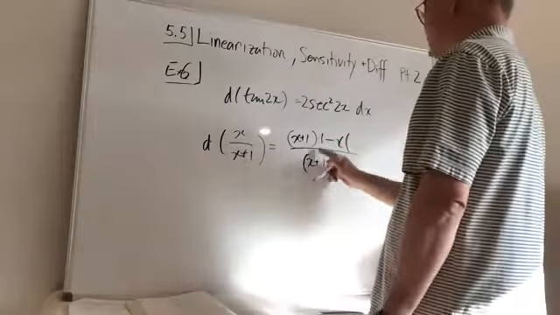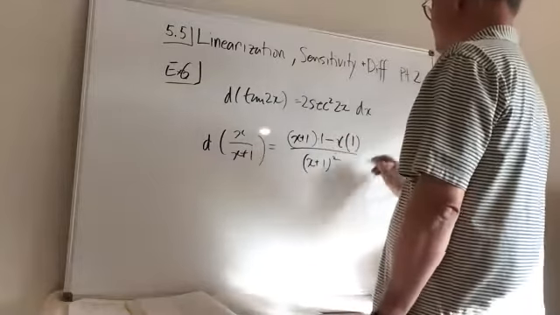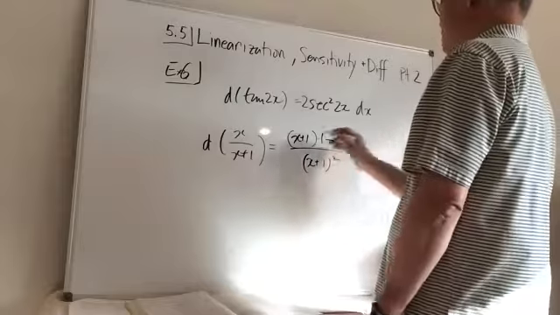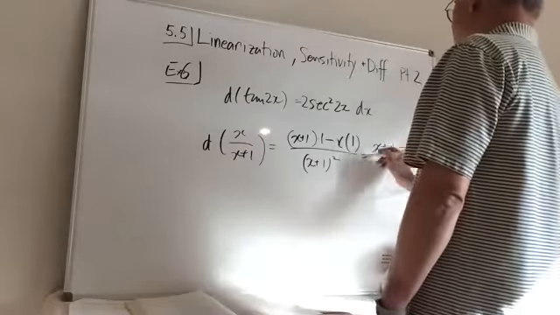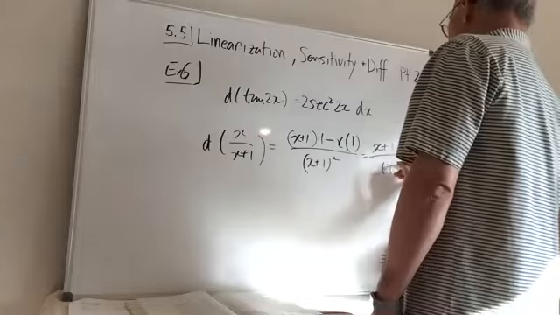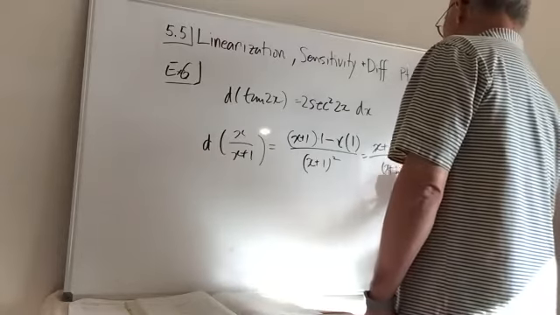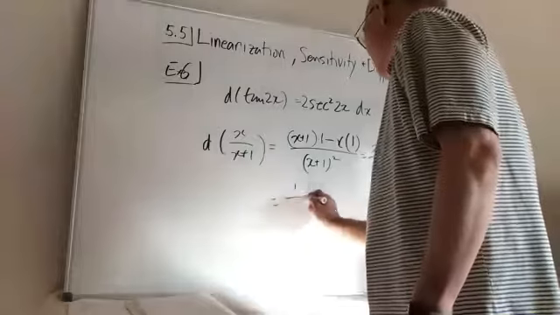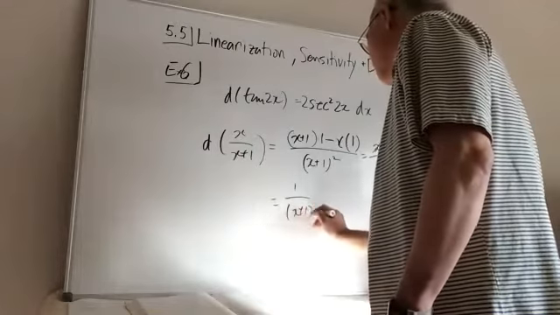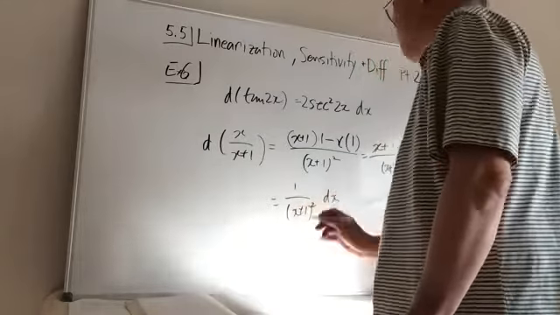I can take the derivative of the low, which is 1, which is going to be x plus 1 minus x, so the x's cancel out. And I'm going to get x plus 1 squared. There you go.